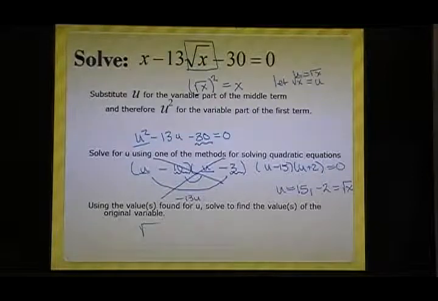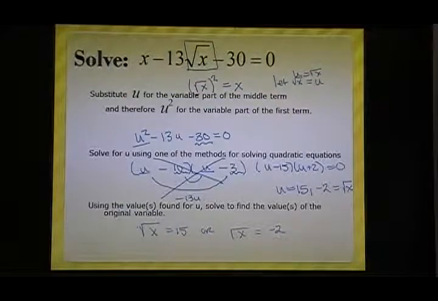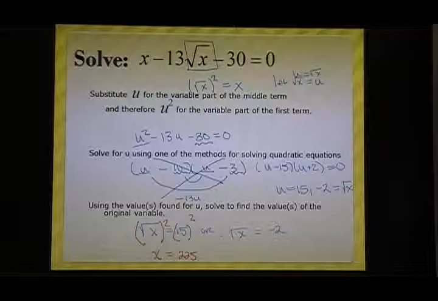So we have the square root of x equals 15, or the square root of x can equal -2. Solving each of these equations, squaring, I have x equals, what is that, 225? Or, coming over here, squaring this, I get x equals 4.